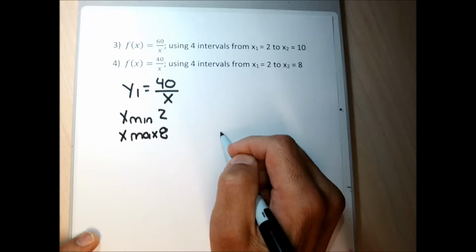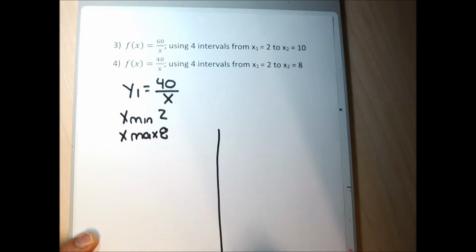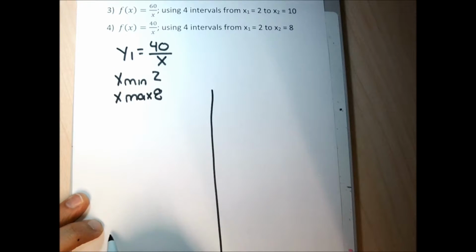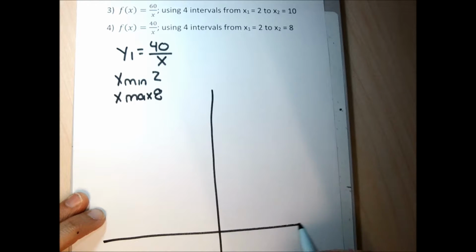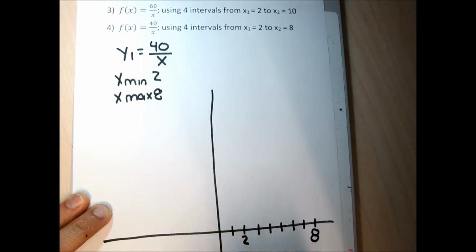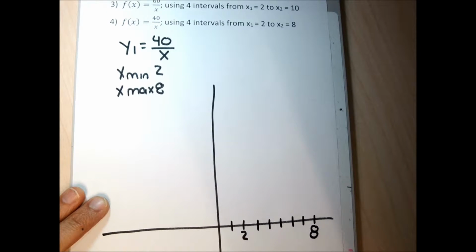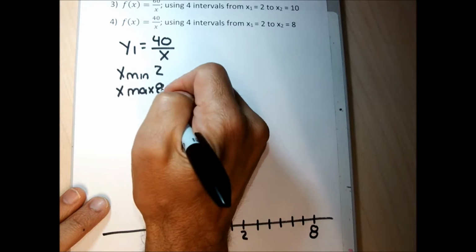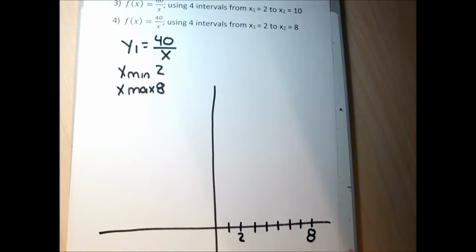And just like I did for the last graph, I'm going to put, just to start, only the numbers 2 and 8 on the x-axis. Unfortunately, in this problem, I'm going to have to put some decimals on my x-axis. They're not going to be hard to deal with because I'm using my calculator to do just about everything.